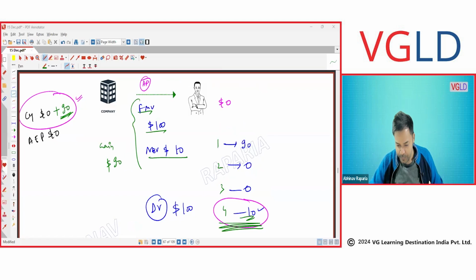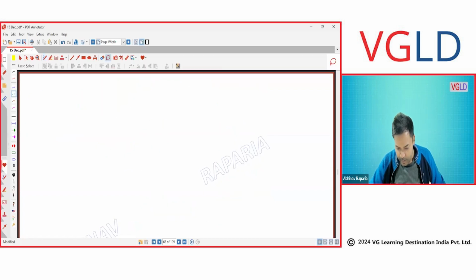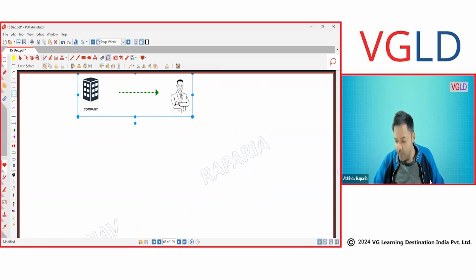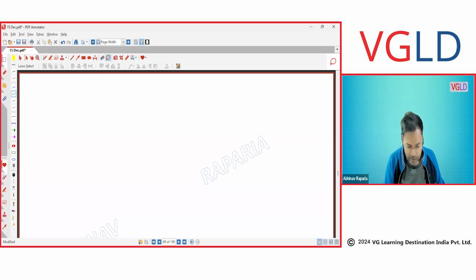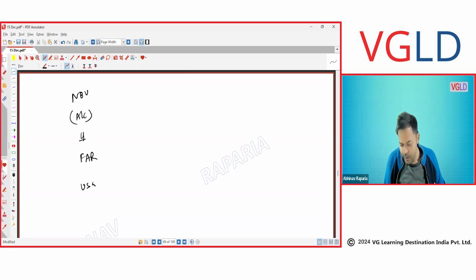Now, net book value. What is the other name of the net book value, guys? Net book value is more accounting terminology. This is something you will read in FAR. When you're going to discuss the US GAAP, we call it net book value there. It's more accounting concept.